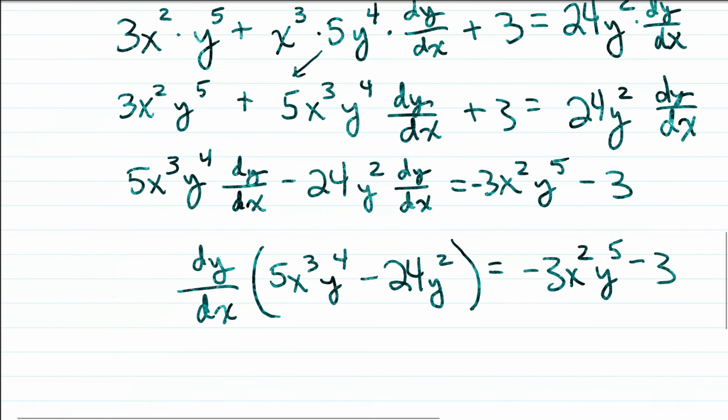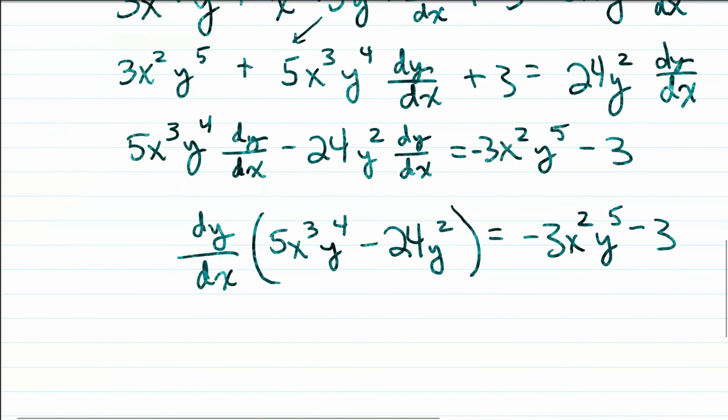All right, and then the next thing we do is just say to ourselves, how do we get dy dx by itself? Well, between that and what's in parentheses is multiplication, so we'll just divide both sides by 5x cubed y to the fourth minus 24y squared.